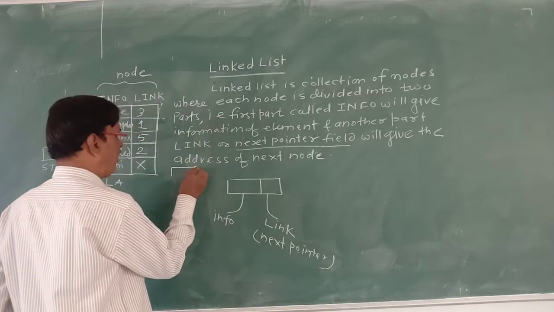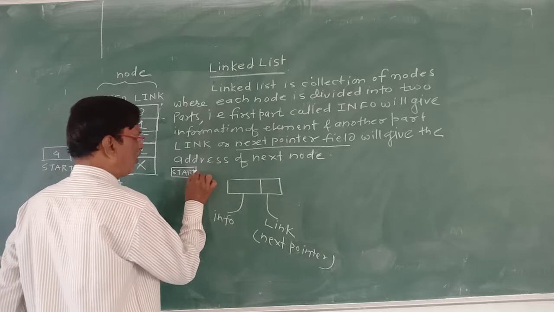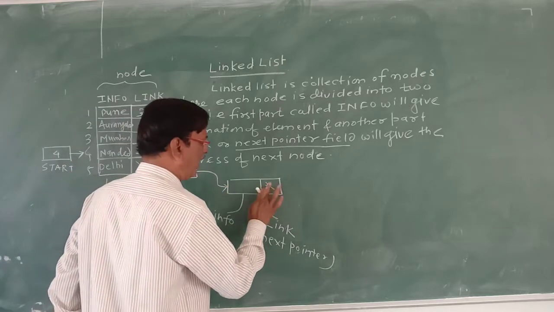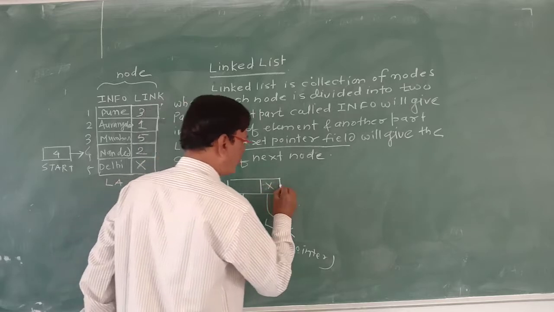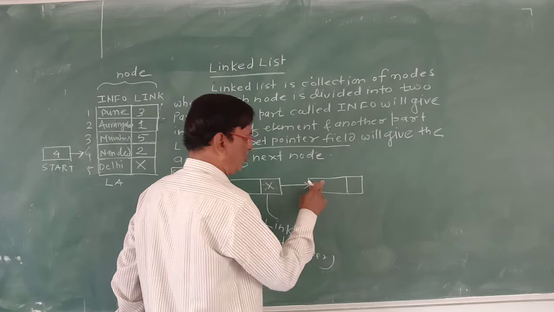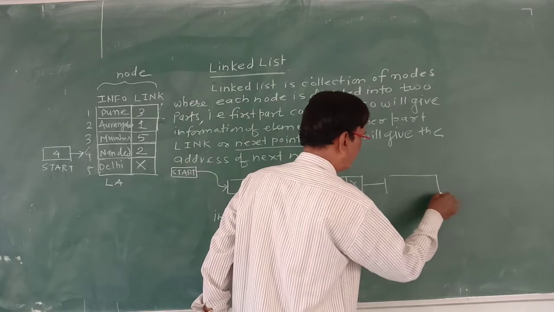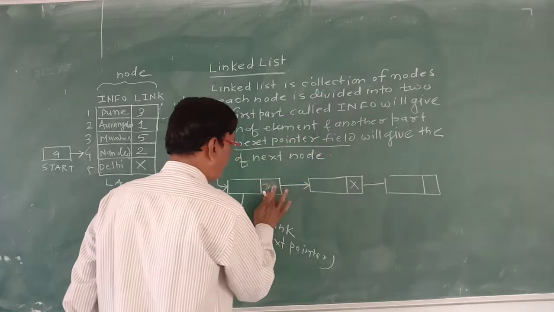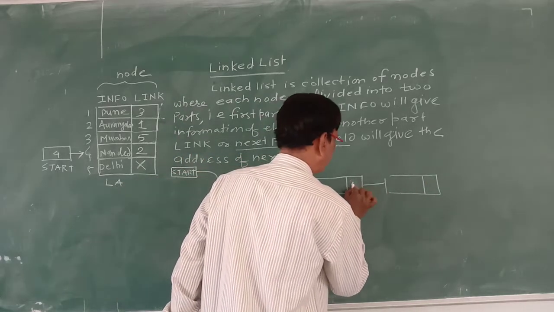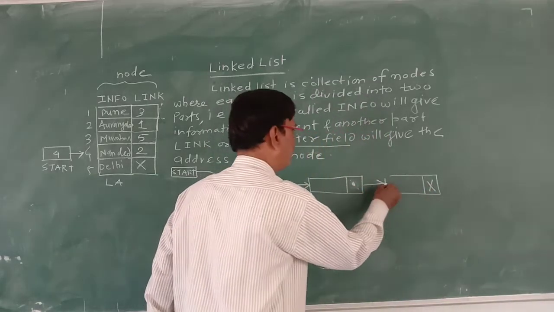So it is shown by a variable called start. Start will give the address of the next node. So here is the info part, and the link will give the address of the next node. Here instead of an arrow, we will draw a dot. And suppose this is the last element, it will be shown like this.